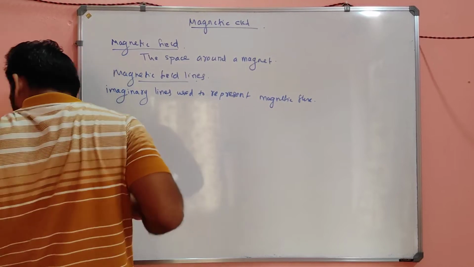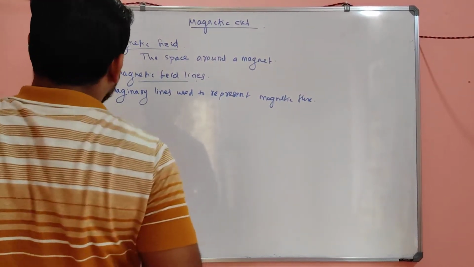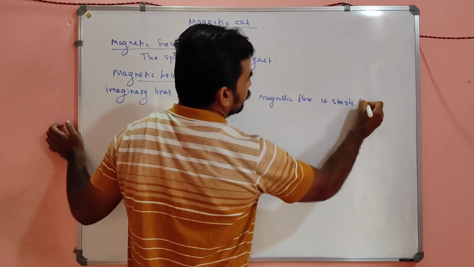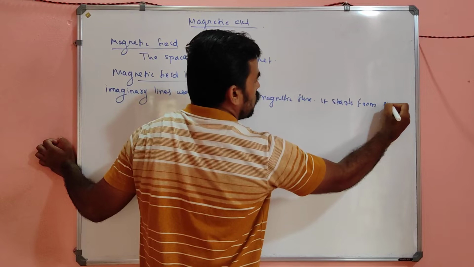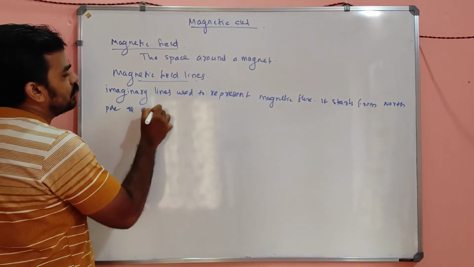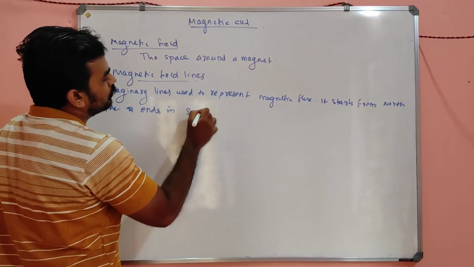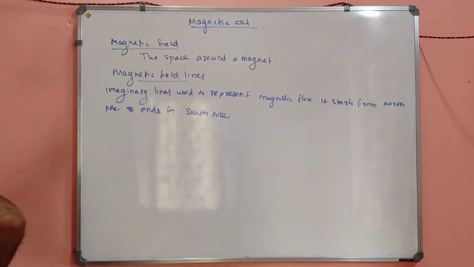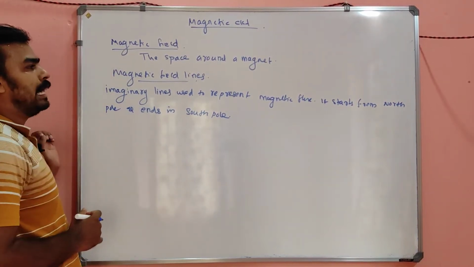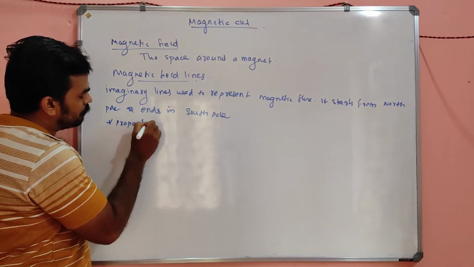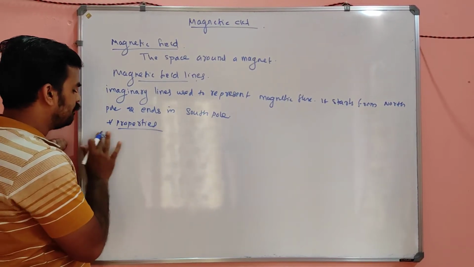It starts from the North Pole and ends in the South Pole. You already know this, so no need to go much deeper. There are many properties of magnetic field lines that you already know, and I will say them one by one.